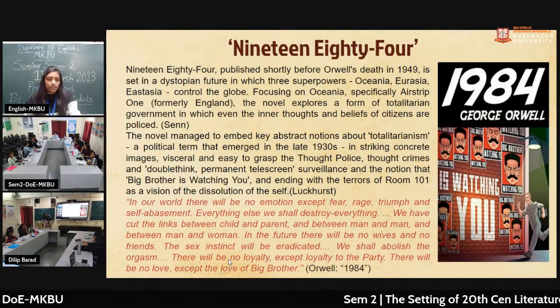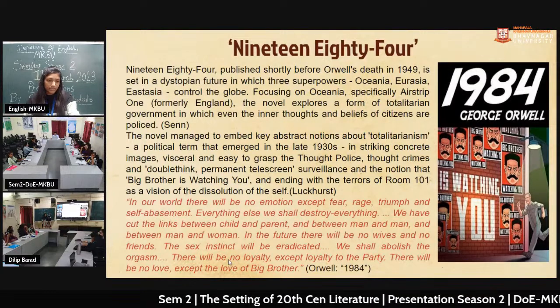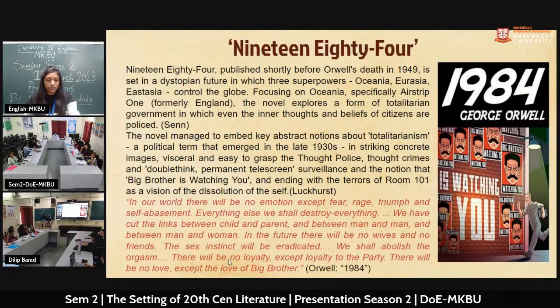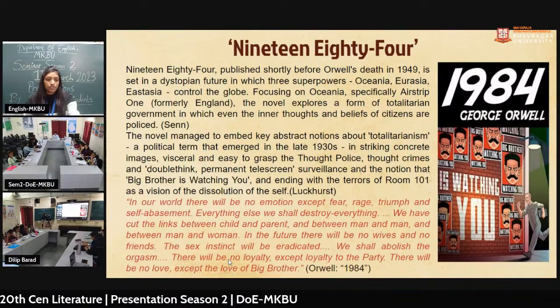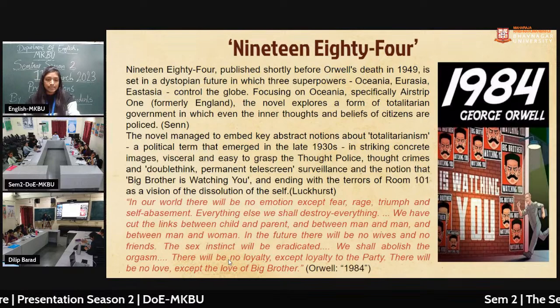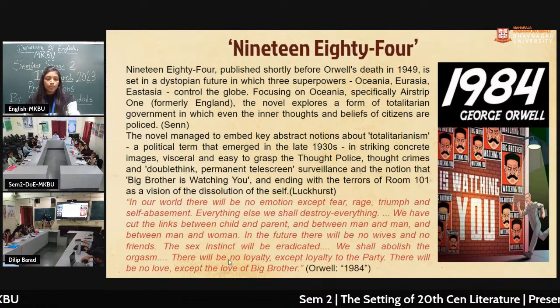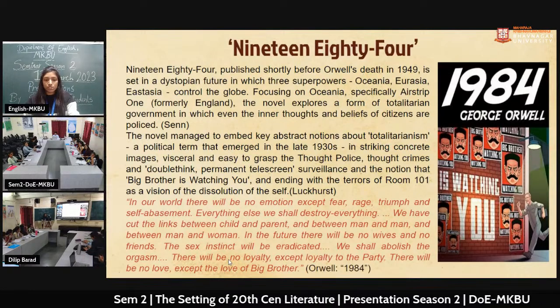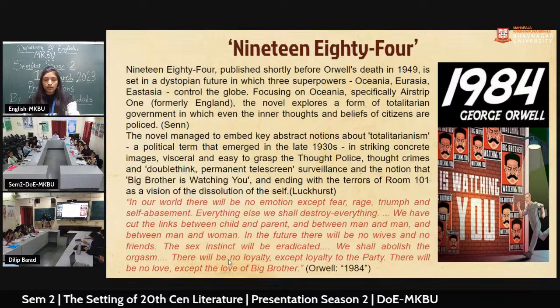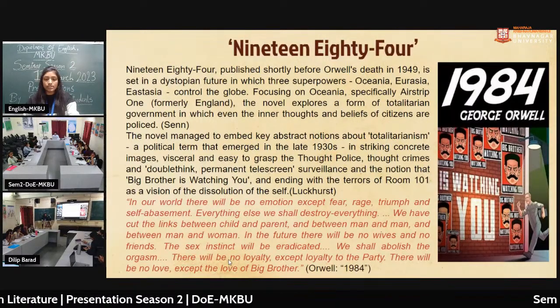The novel managed to embed key abstract notions about totalitarianism, a political term that emerged in the late 1930s, in striking concrete images of visceral and easy to grasp: the thought police, thought crimes, and doublethink, permanent telescreen surveillance, and the notion that Big Brother is watching you, and ending with the terrors of Room 101 as a vision of the dissolution of the self.